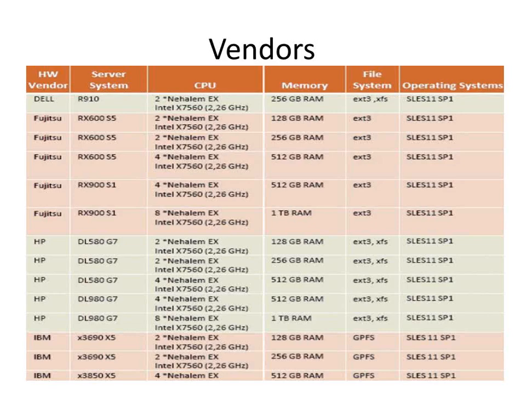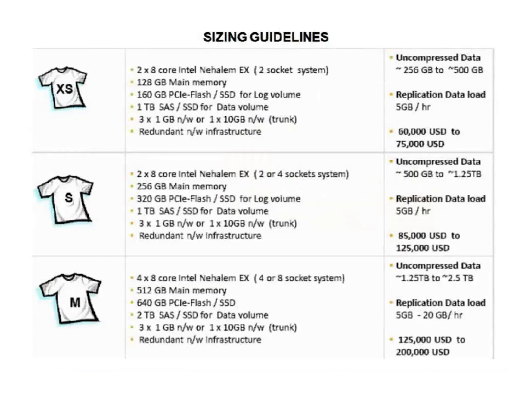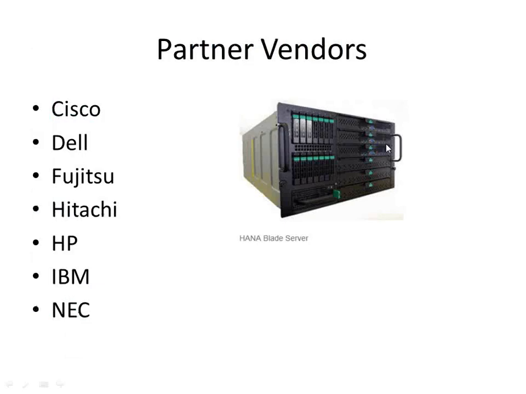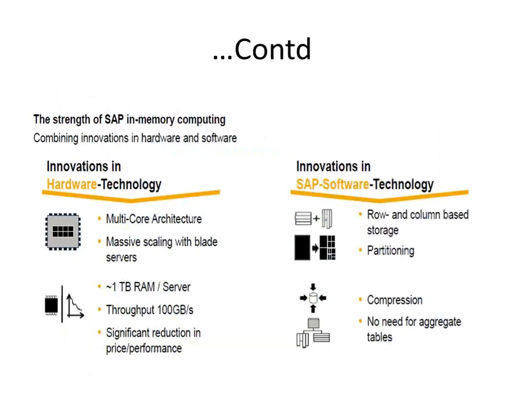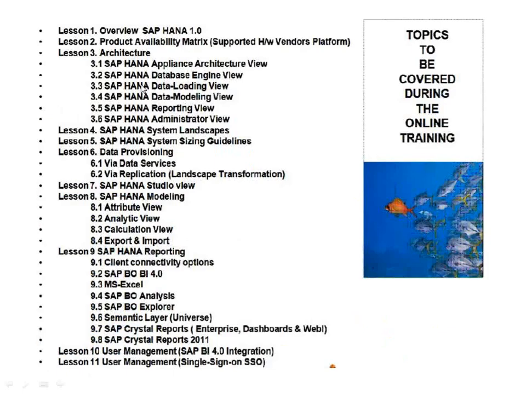These are the configurations: extra small, small, medium. These are depicted by t-shirt sizes, the uncompressed data that we have, the replication speeds, the pricing, all of that is there, the sizing guidelines and all that. So we'll be looking at all of these options here on the product availability matrix.